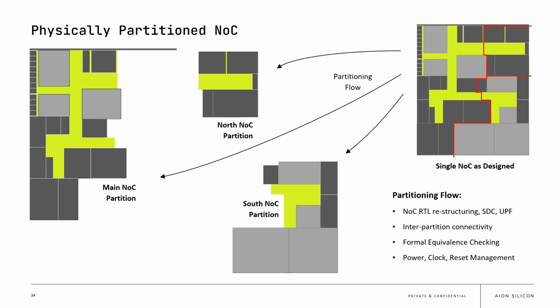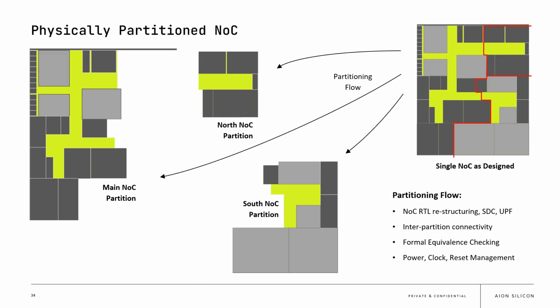But it also helps with runtime. If you're going to have lots of turnaround, lots of churn, then having smaller sub-blocks to take through the backend flow means you have a faster turnaround time.